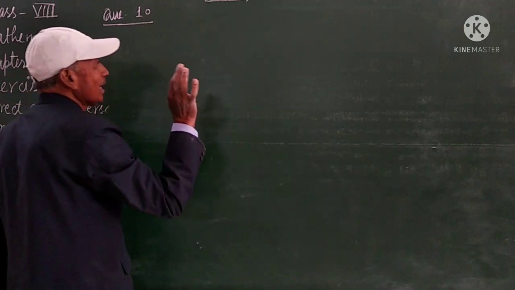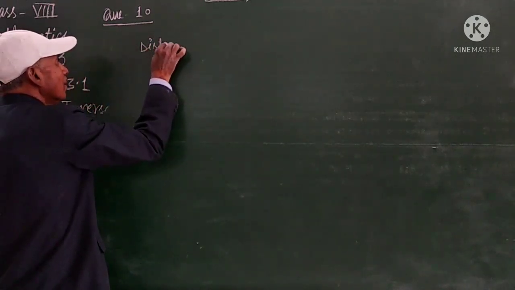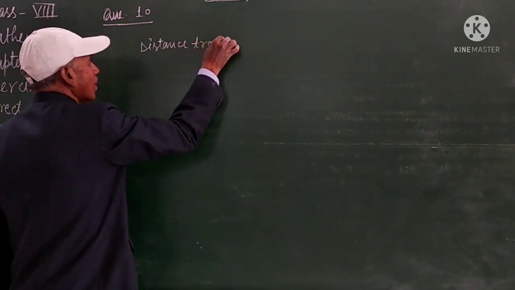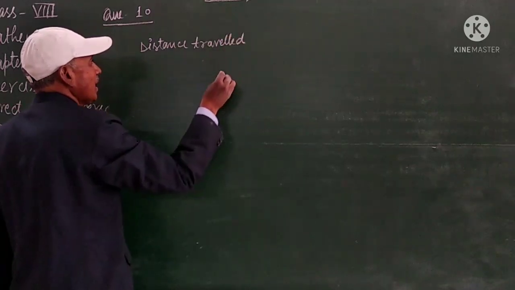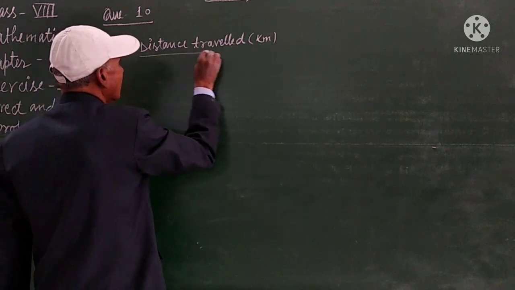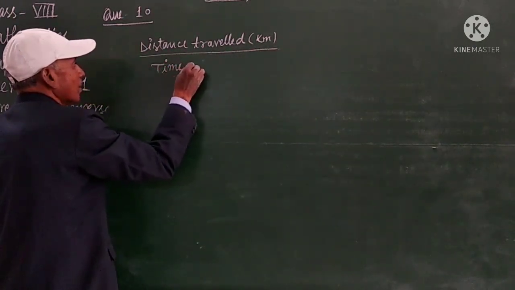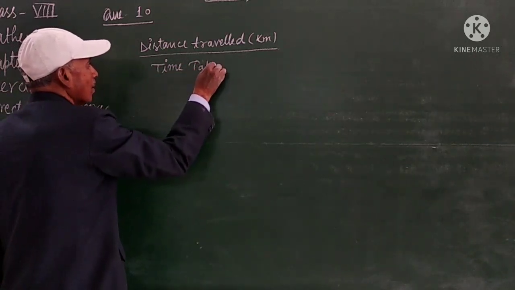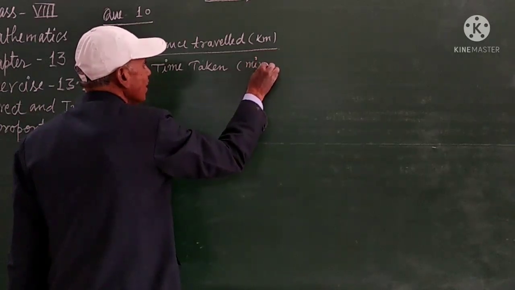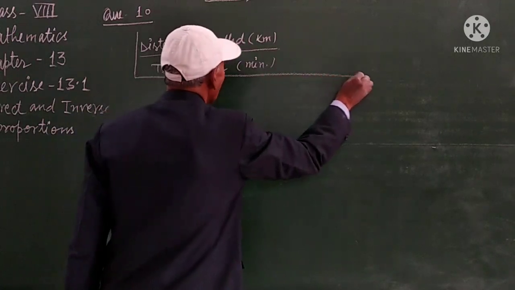So we have to make a table, student: distance traveled, given in kilometer, and time taken, given in minutes. So we have to make a table here.